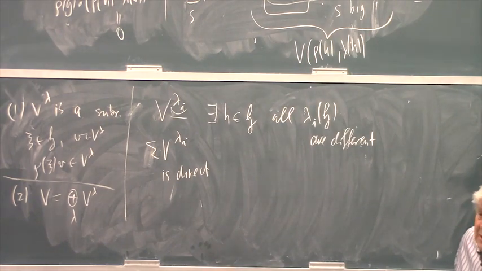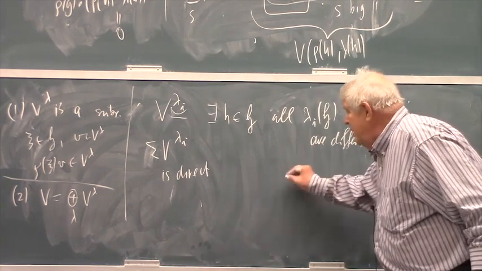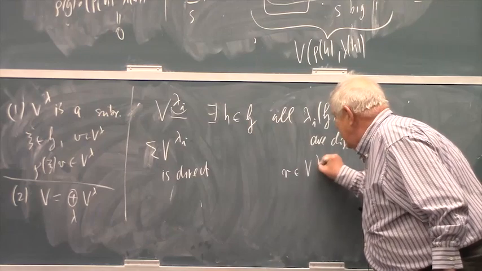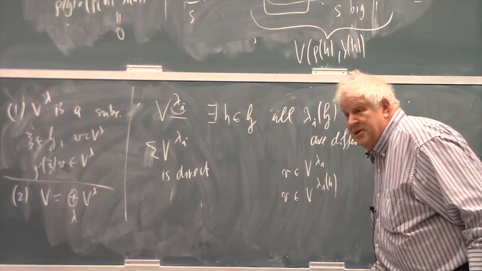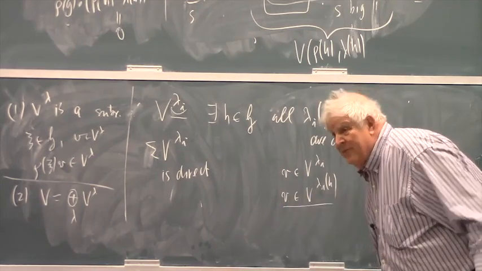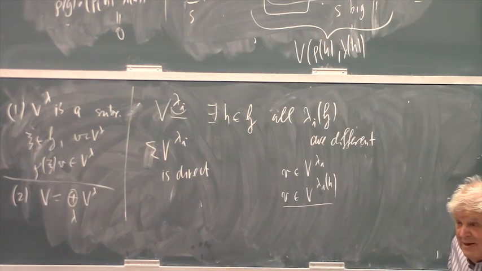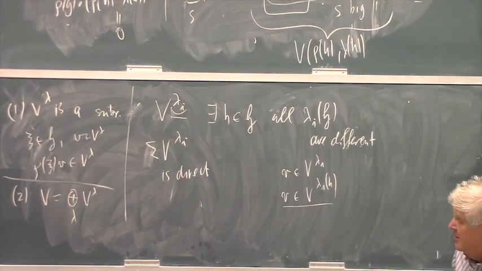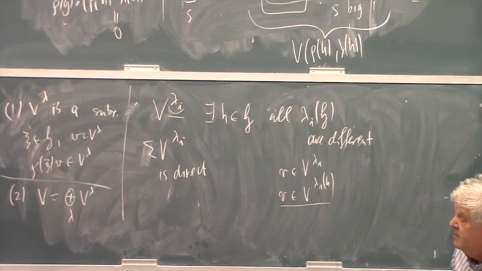So we consider just, if v is in V lambda i, then in particular it is in this. And these vectors cannot be linearly dependent. This is a fact from linear algebra. Vectors from different parts, Jordan parts, let me call it so, of a space V cannot be linearly dependent. So the sum is direct.